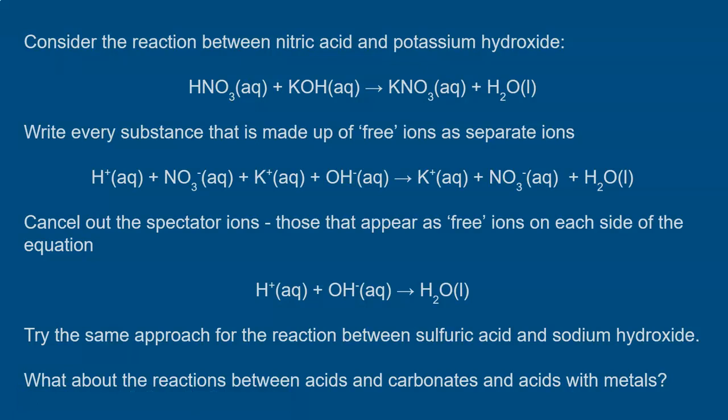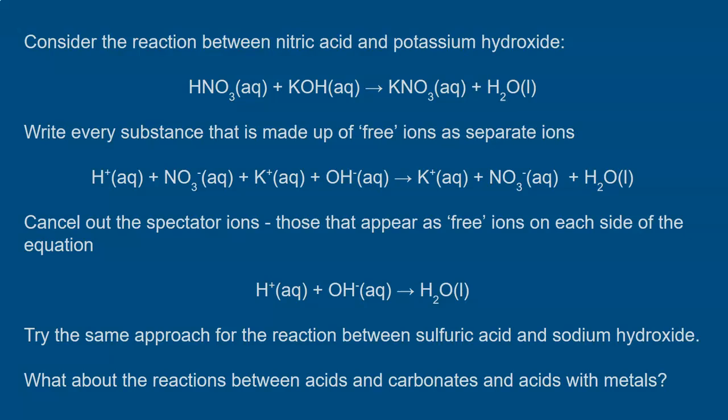The important ion in a carbonate is CO3 2-, and the products, excluding the salt, are H2O and CO2. So, for the reaction between an acid and a carbonate, it's 2H+ (aq) plus CO3 2- (aq) going to H2O (l) and CO2 (g).